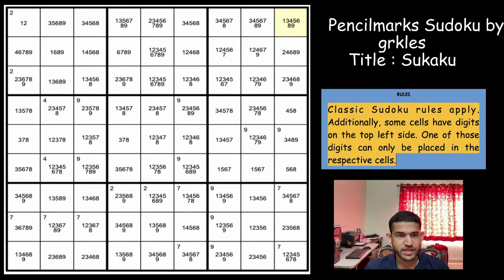So one thing which is catching the eye is this almost triplet 378. But it's way too early. We don't have any other cell which is close to getting these same set of digits.